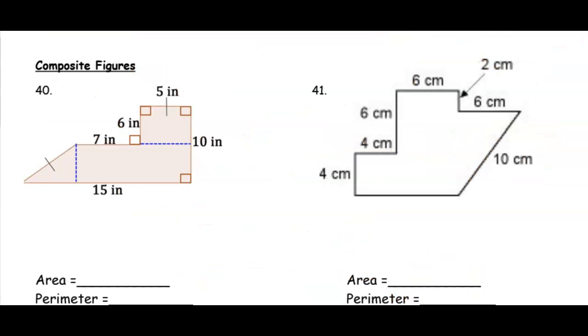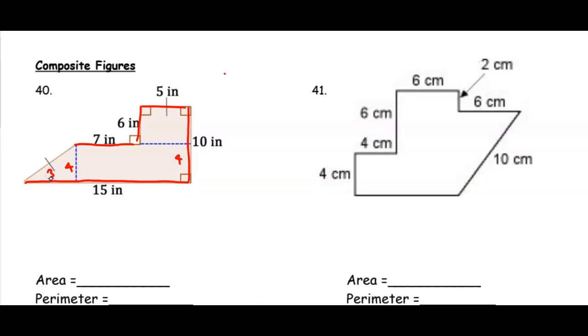All right, composite figures. Okay, composite area. If this is 6, and this is 10, this little piece will be 4. Okay, if this is 7, and this is 5, that's 12. 15, take away that 12, makes this little part 3.